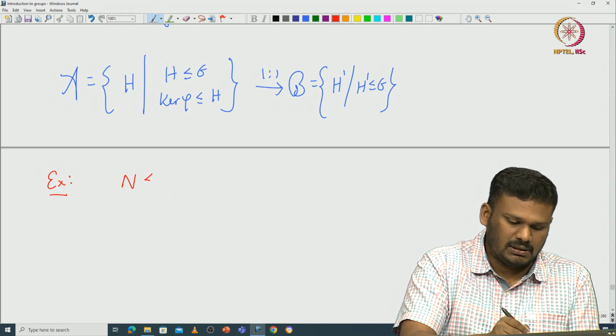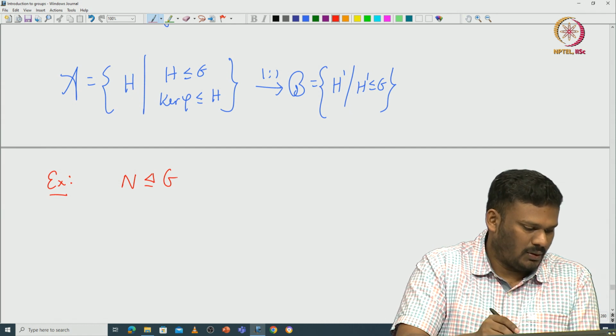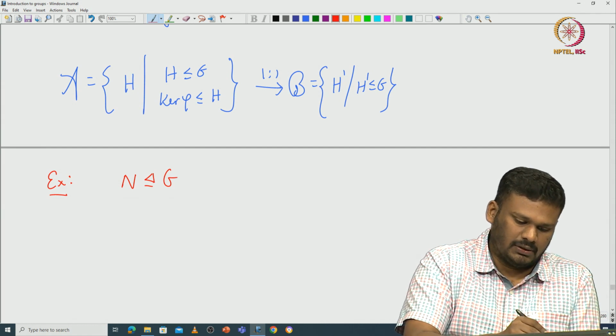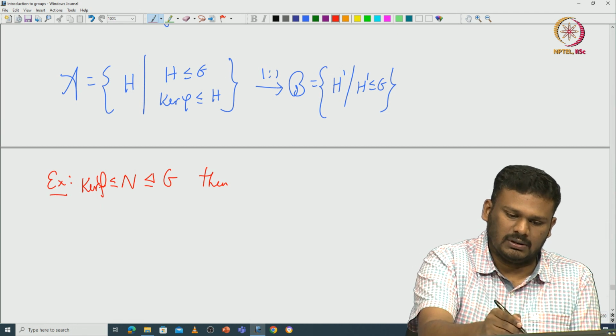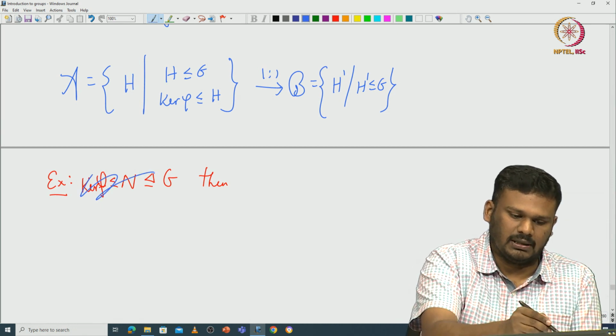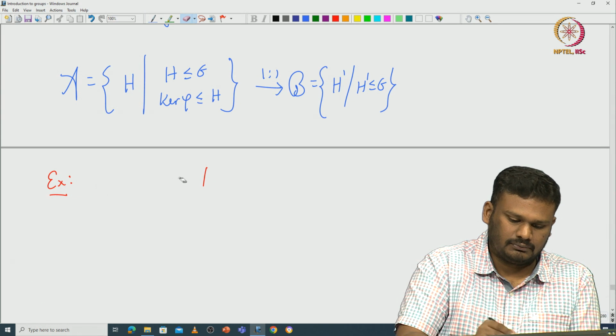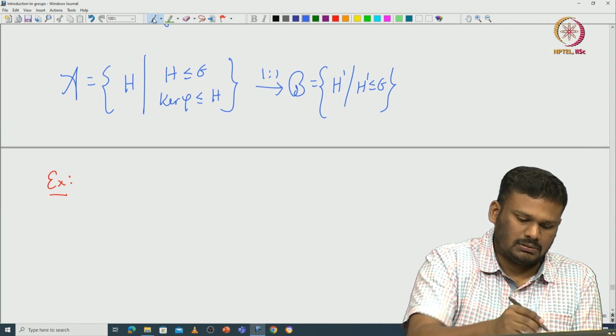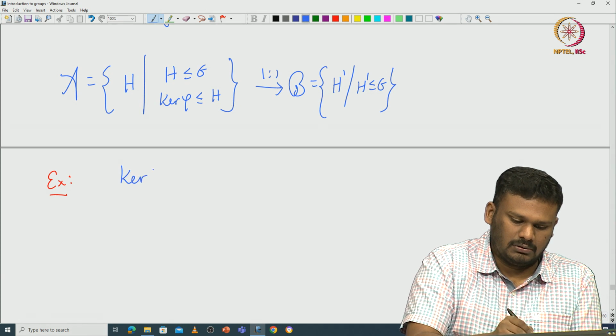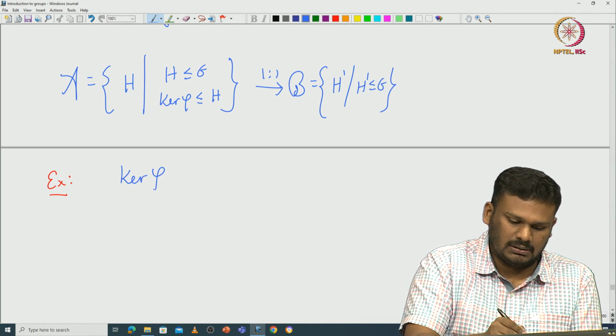Let me write it properly. Let's start with N, a subgroup of G containing the kernel of phi.